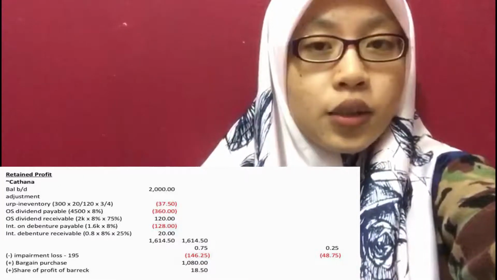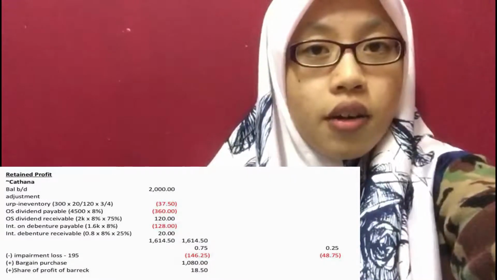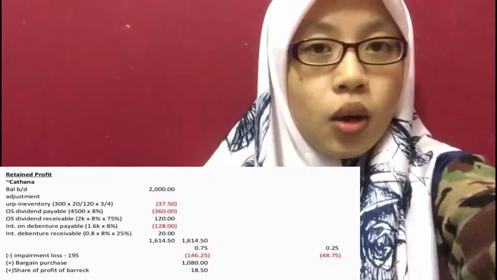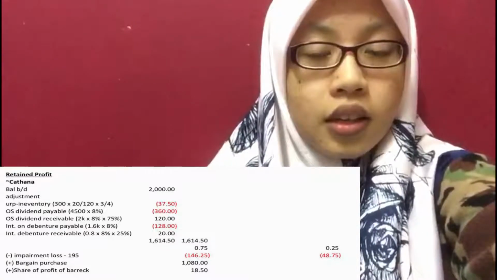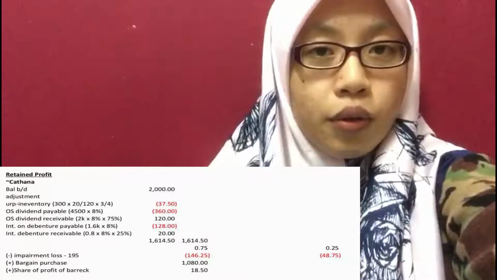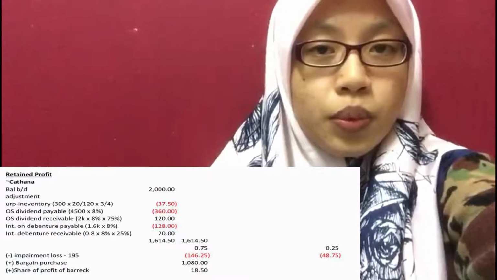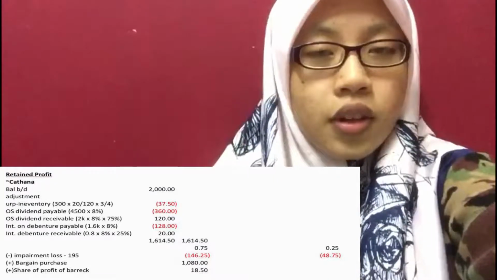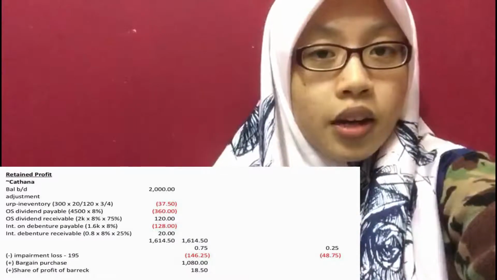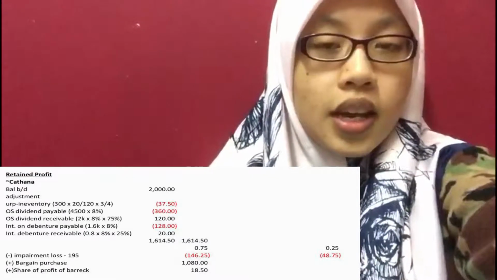So we minus the impairment losses arising from the Rindumi 195 multiplied by 75%, we get 146.25, and the rest we put under NCI negative 48.75. The next item is bargain purchase that arises from CSLU.